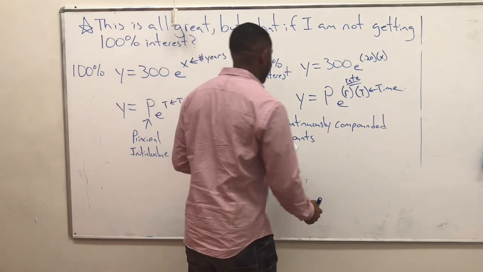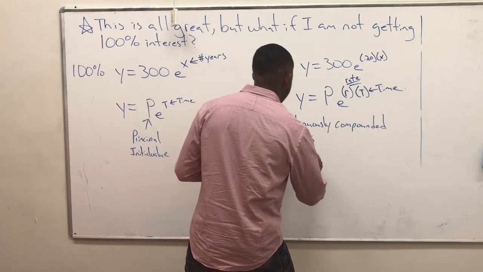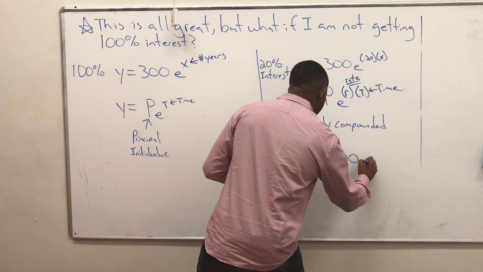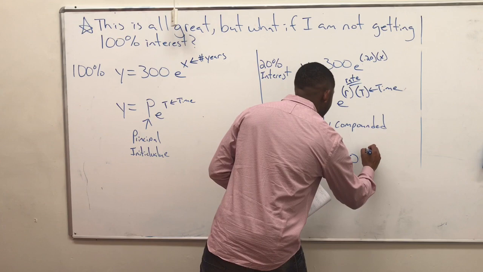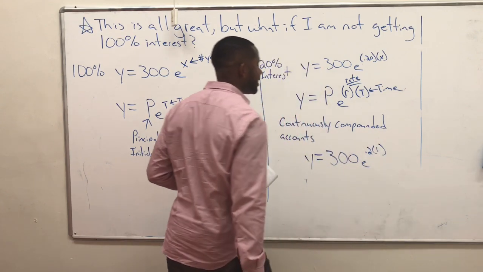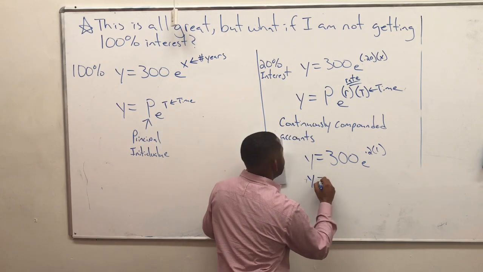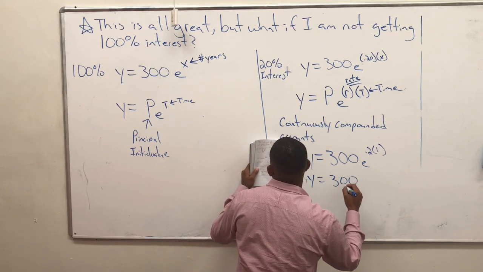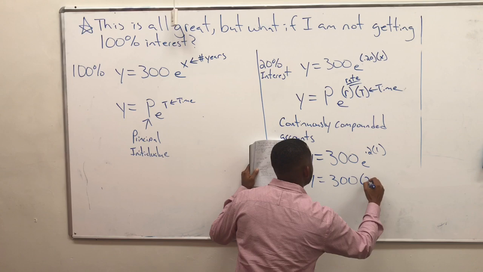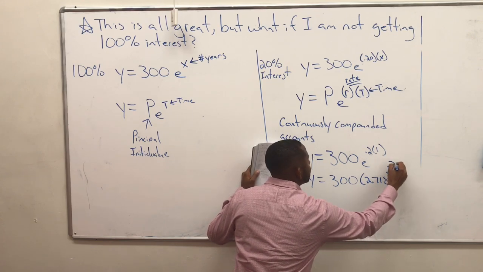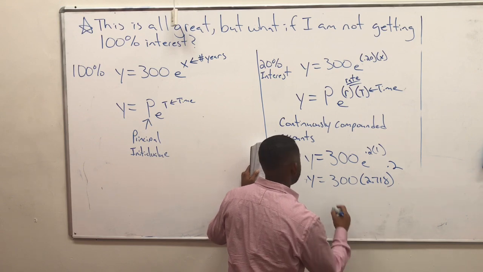Okay? So in this situation, it would be y equals 300 times e to the 0.2 times 1. Let me see, how much am I getting in a year? Which is y equals 300 times e, which is 2.718, to the 0.2 power, right?